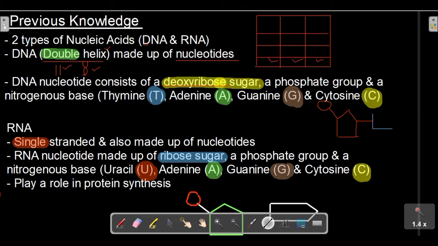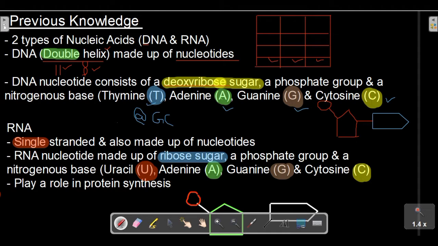nitrogenous base, right? So of course, DNA has 4 nitrogenous bases, which are your thymine. I need you to note all of these: thymine, adenine, guanine, and cytosine. And we said that we can memorize that by, of course, this, which is AT GC.